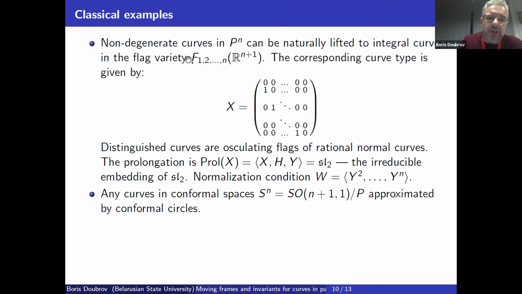Then again, from non-degeneracy and this prolongation procedure, we can show that the corresponding curve type or symbol is given by this element, the ones sitting under the diagonal. And the prolongation will be exactly the SL2 triple x, h, y, so it will not be bigger than this SL2. This SL2 is just an irreducible embedding of SL2 inside SL n plus 1.